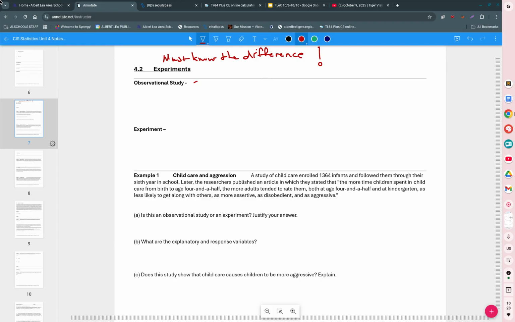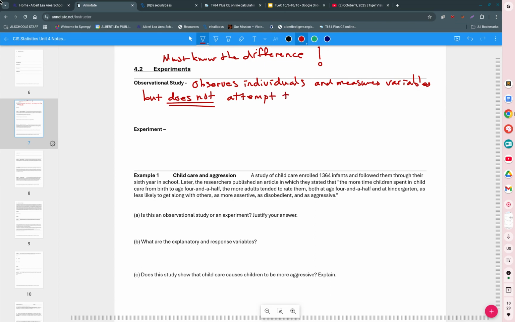An observational study observes individuals and measures variables, but does not attempt to influence the response.